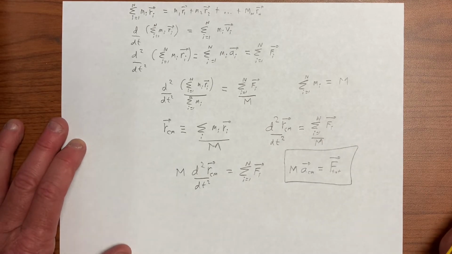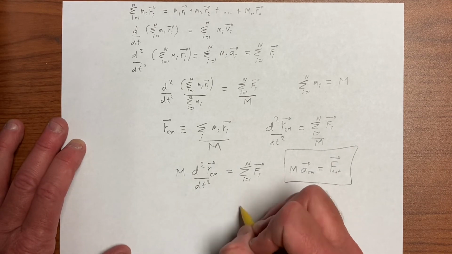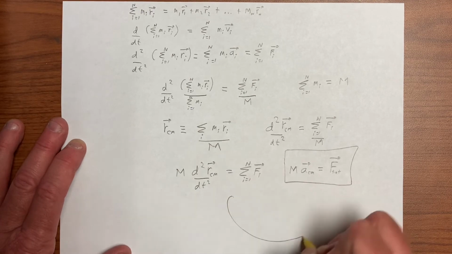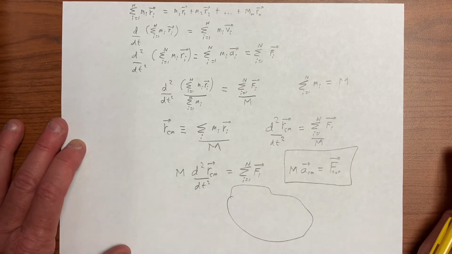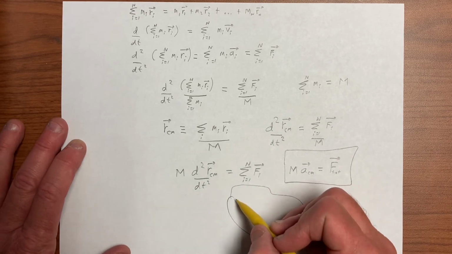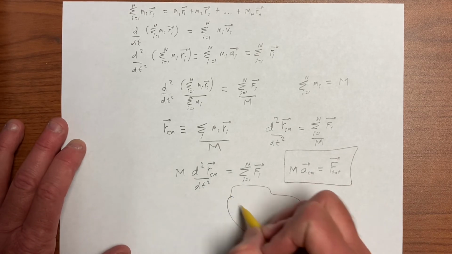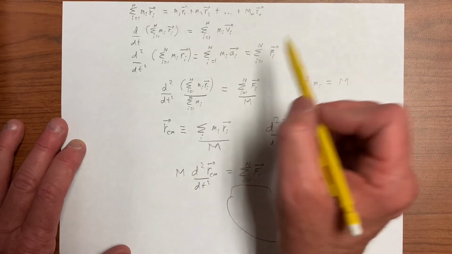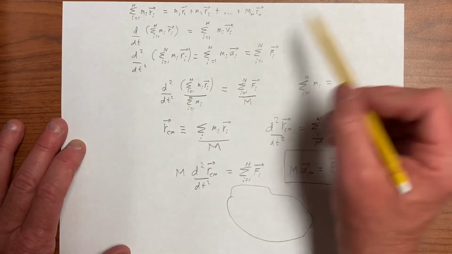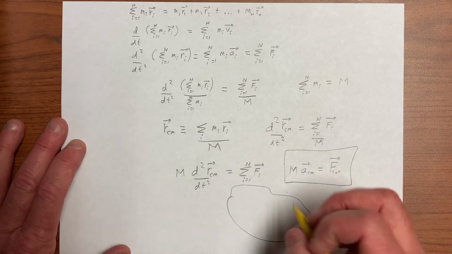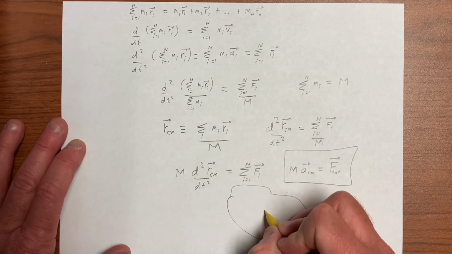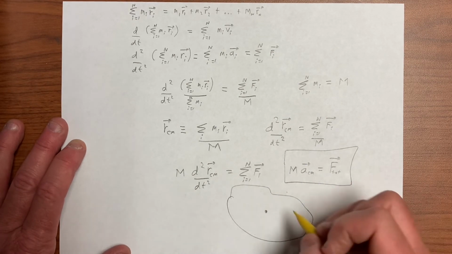But basically what this is telling us is that we have some extended two-dimensional object, and we don't have to worry about gravity pulling on each little part of this. We just have to place the net force mg.